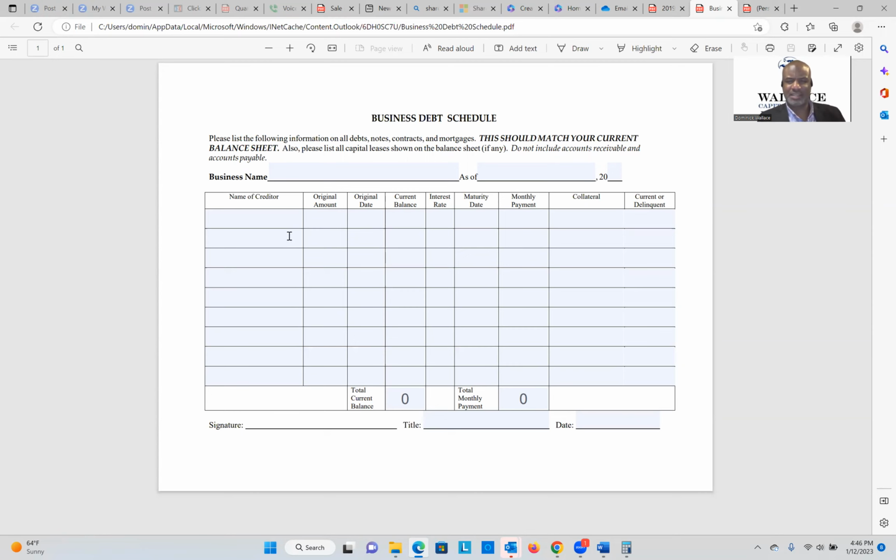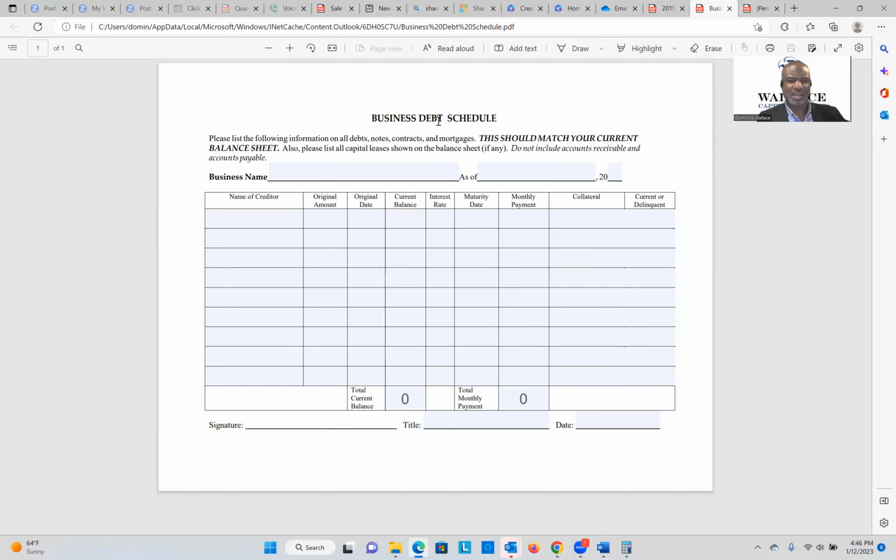Any debt that the business has or pays, we'll help you differentiate between personal and business debt. But anything that's in the business name is business debt. I know most people say, sometimes I use my personal credit cards for the business, but it has to be in the business name in order for it to be business debt.